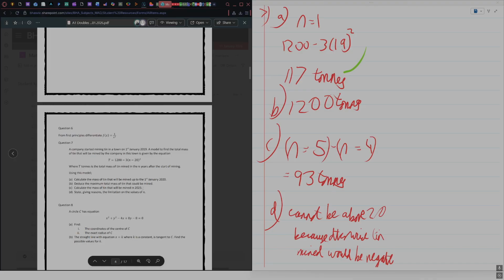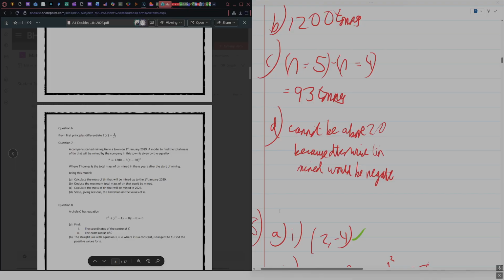And then the limitation on the values of n, well, it's just saying that if n was above 20, then it would kind of mess up because, what?